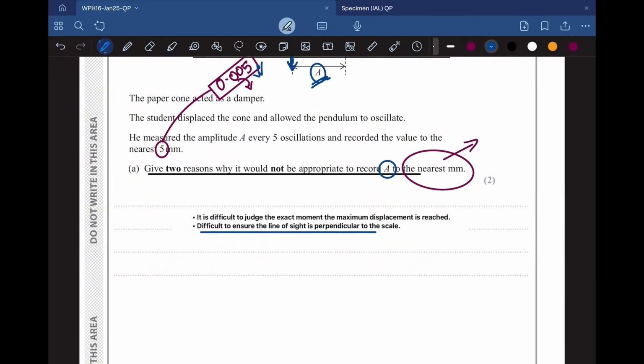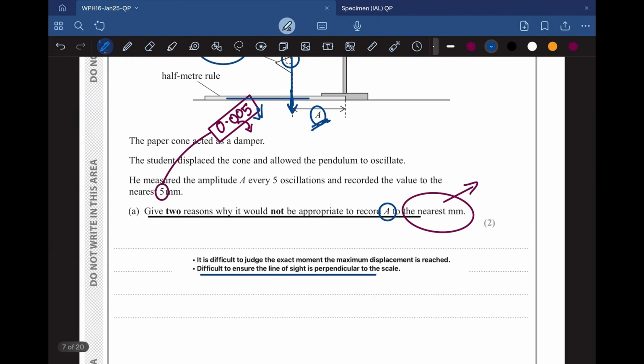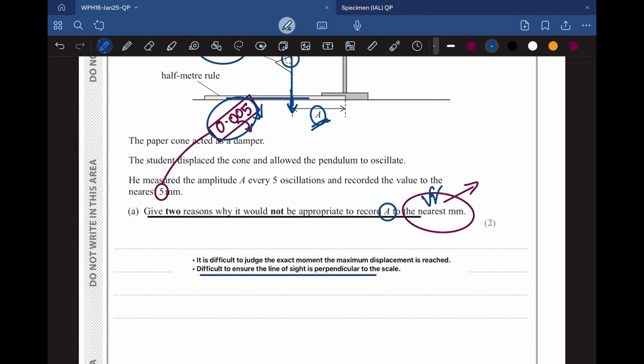That's why the uncertainty will be very high, and when the uncertainty is very high in such experiments, taking fewer decimal places is better. So it would not be appropriate to record the amplitude to the nearest millimeters, as the nearest 5 millimeter also means, let's say, 0.00545152.